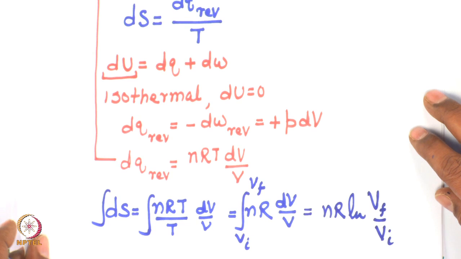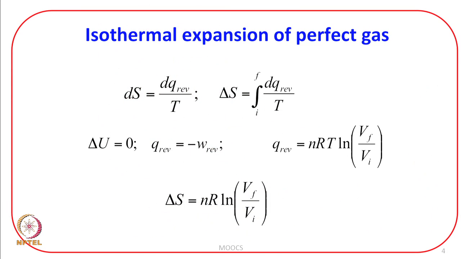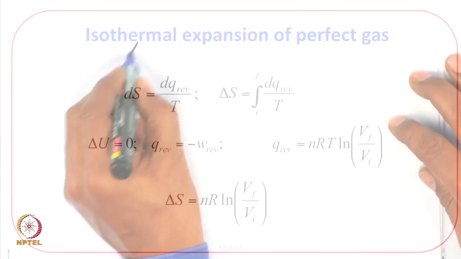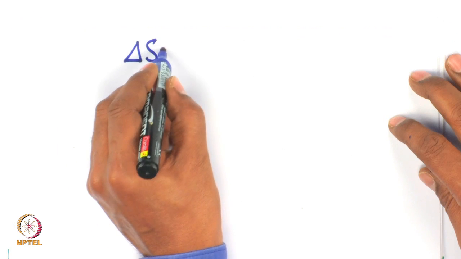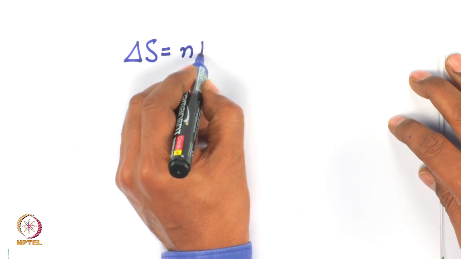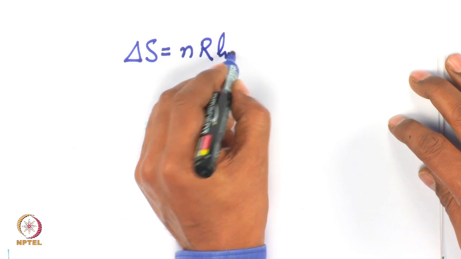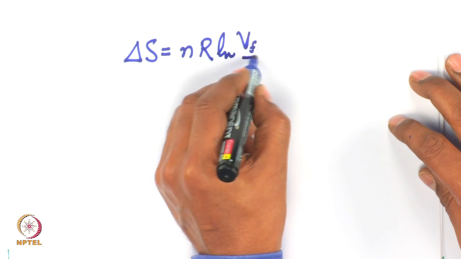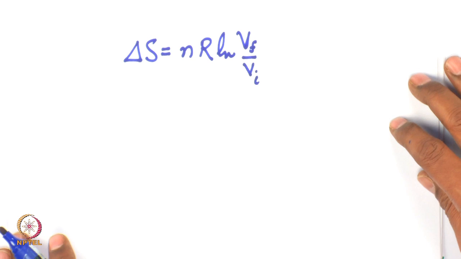So, what we have derived now is that delta S is equal to nR log V final over V initial.